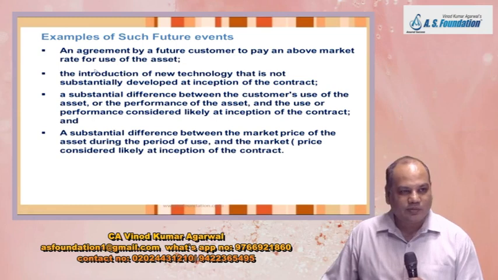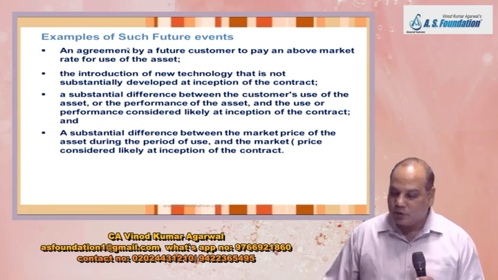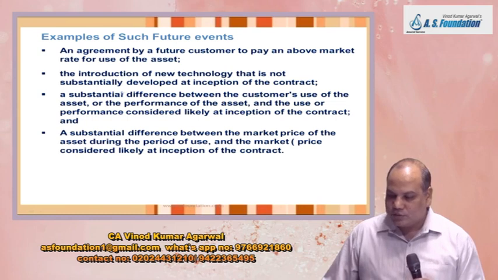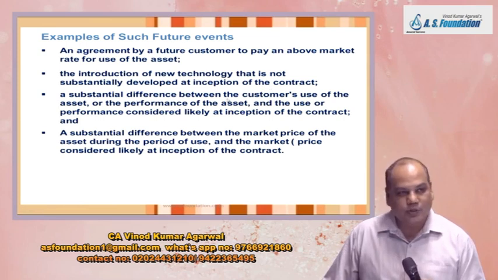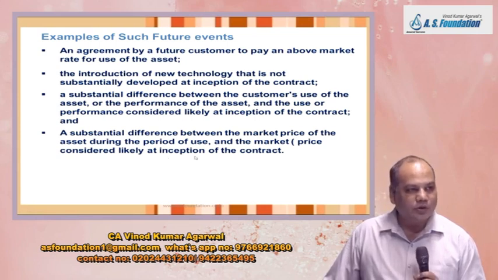Future is uncertain, remember. So therefore you cannot use those future events for evaluation purposes. Examples of such future events, ignore all this for evaluation purposes: an agreement by a future customer to pay an above market rate for use of the asset; introduction of a new technology that is not substantially developed at the inception of the contract; a substantial difference between the customer's use or performance of the asset and the use or performance considered likely at inception of the contract, or a substantial difference between the market price of the asset during the period of use and the market price considered likely at the inception of the contract.